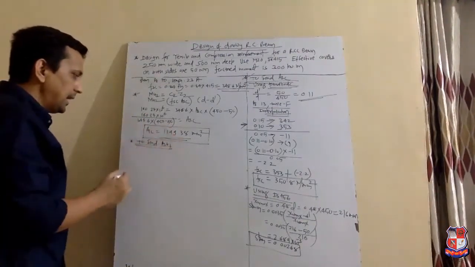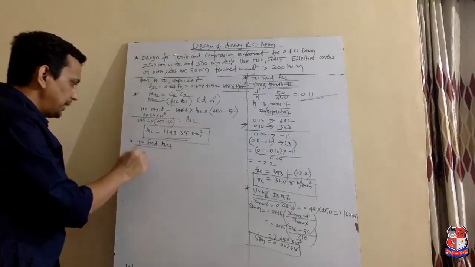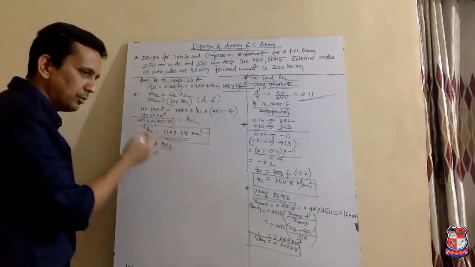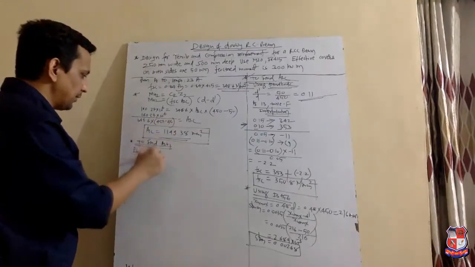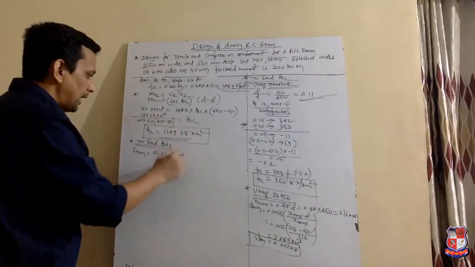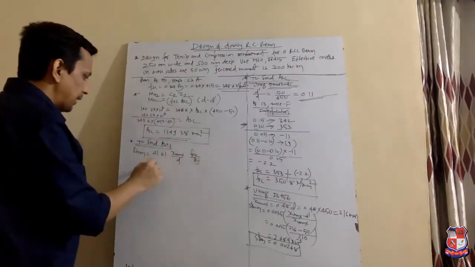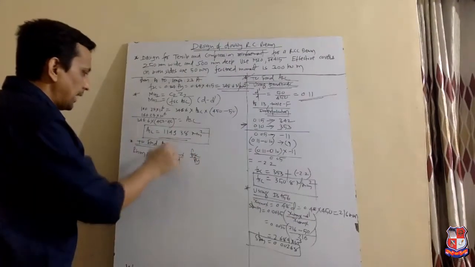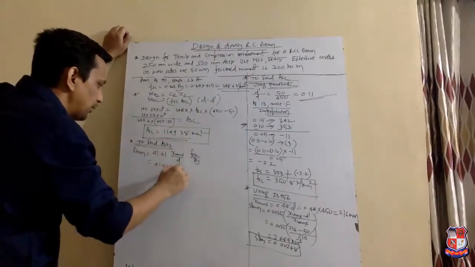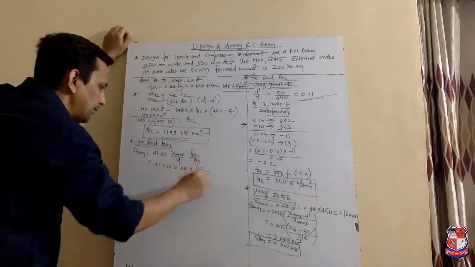For finding AST1, we need to find PT limb. So PT limb, the equation is, you have to memorize this. PT limb is equal to 41.61 XU max by D FCK upon Fy. And for Fe415, we have XU max by D value 0.48, FCK 20 and 415.